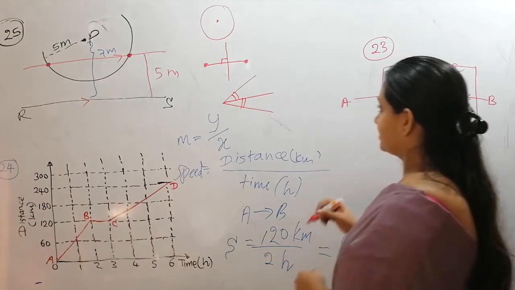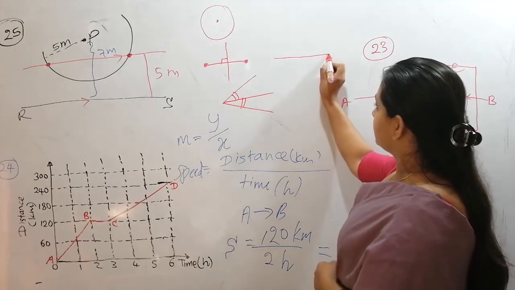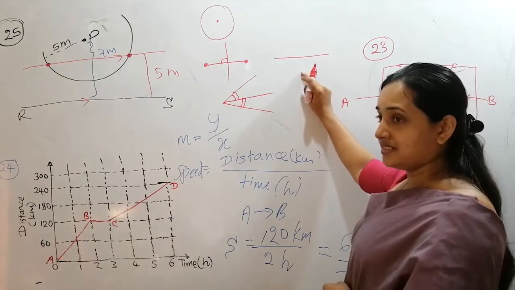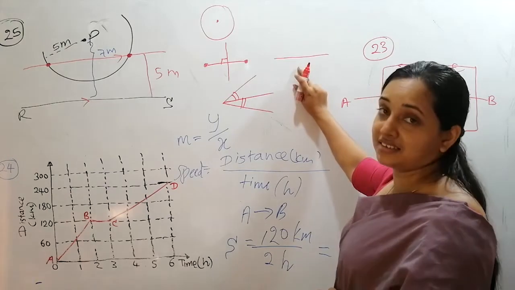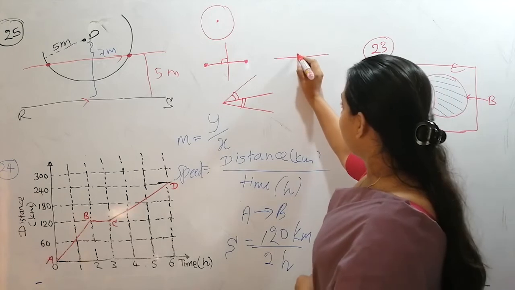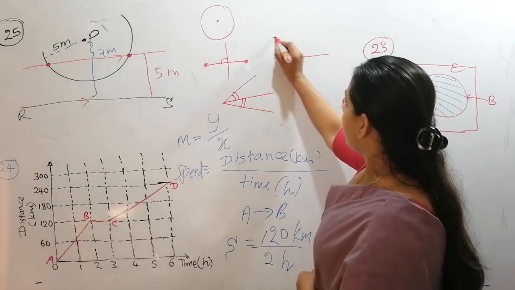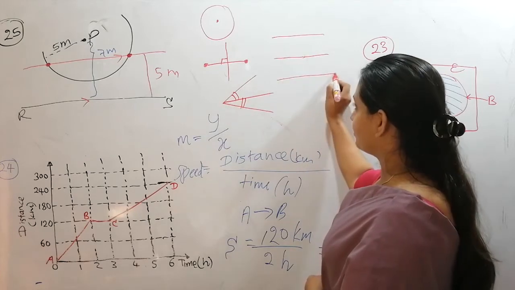And another locus is the locus of points which are equidistant from a line. Equidistant from a line, they are parallel lines to the given line, either up or down.